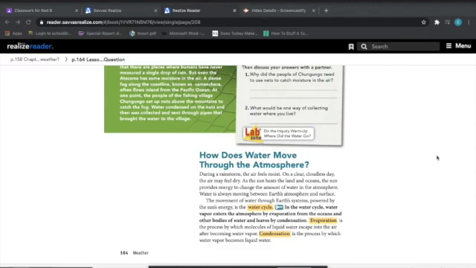So the sun heats up water on Earth, and it gets so hot that it becomes water vapor and evaporates. As it rises, because when air expands and gets warmer, it becomes less dense and rises into the atmosphere. As you get up higher in the atmosphere, that water vapor cools down. When water vapor cools down, it condenses back into its liquid form.